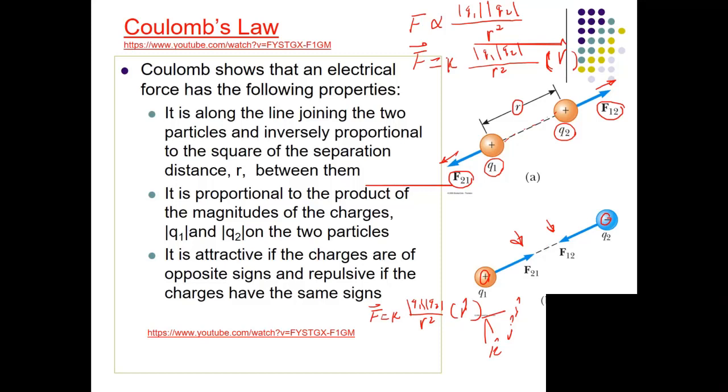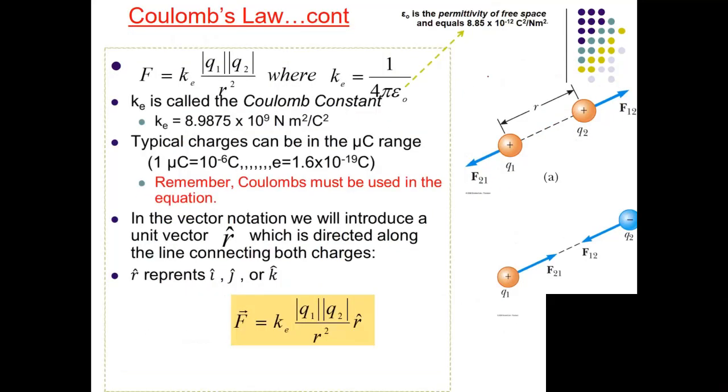Now let's talk a little bit about this constant. The value of the constant is very close to 9 times 10 to the power of 9. When I solve a problem, instead of 8.9875, I'm just going to approximate it as 9 times 10 to the power of 9.